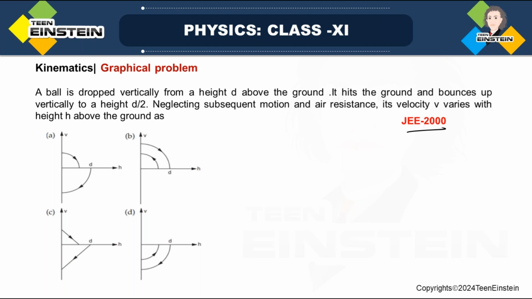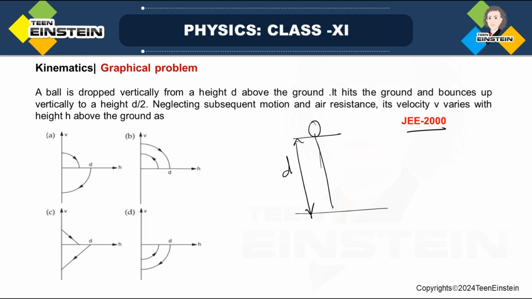A ball dropped vertically from height d above the ground. Here there was a ball, it was dropped. It hits the ground and bounces up vertically by d by 2.